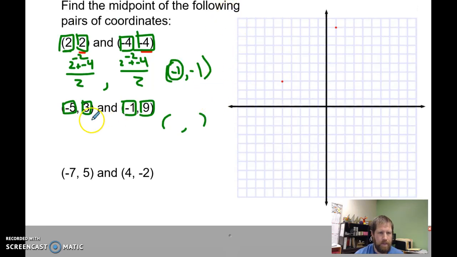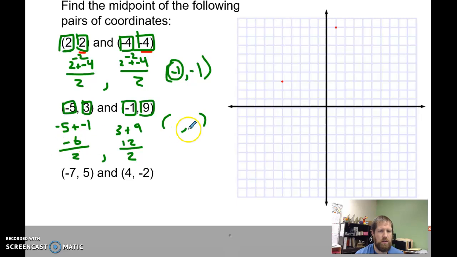All right, let's go ahead and plug it in. So we've got a negative 5 plus a negative 1. All right, and that's going to be a negative 6 divided by 2. And I've got a 3 plus 9, which is going to be 12 divided by 2. So this should be a negative 3 and a positive 6.